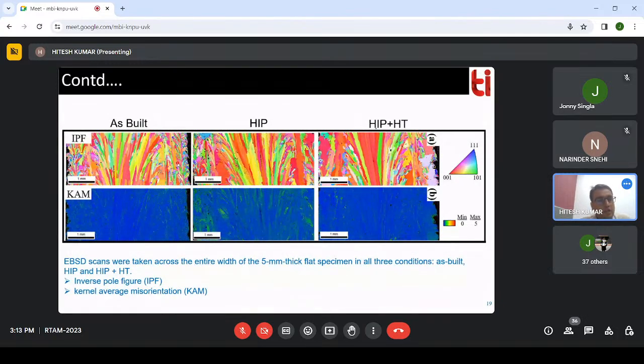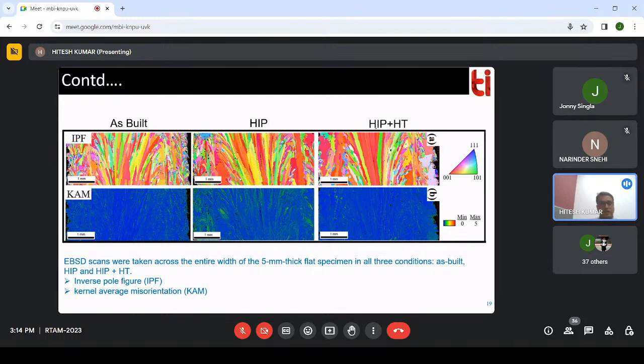But when we deform it through thermomechanical processing, there are some misorientations present, because of the deformation, which means residual stresses or residual strain inside the material.